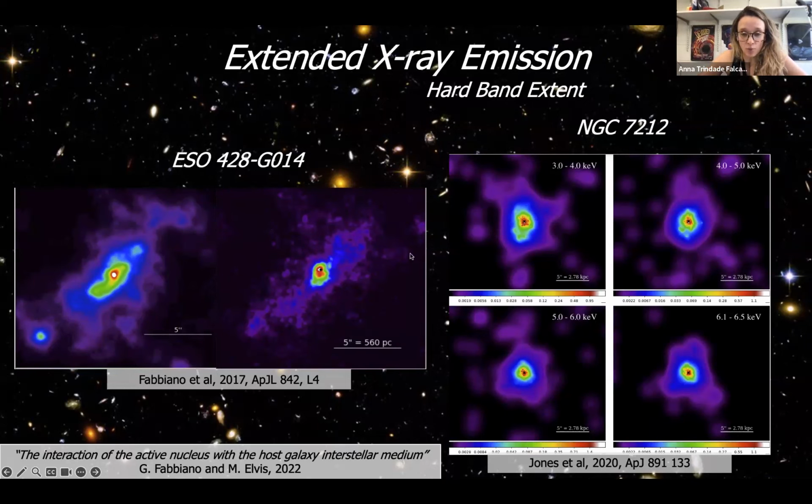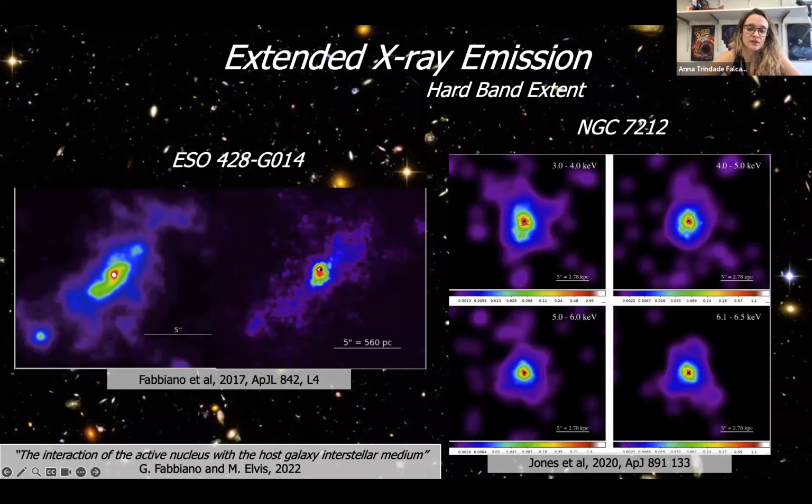And I say comparable because it's comparable to the soft X-ray extent in this galaxy. And after this galaxy, many other galaxies were found to have this extended hard emission, both in the hard continuum and also the iron K alpha band.